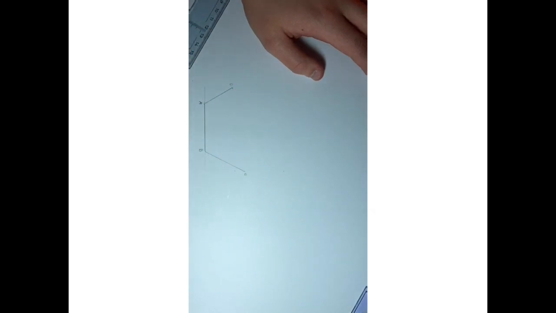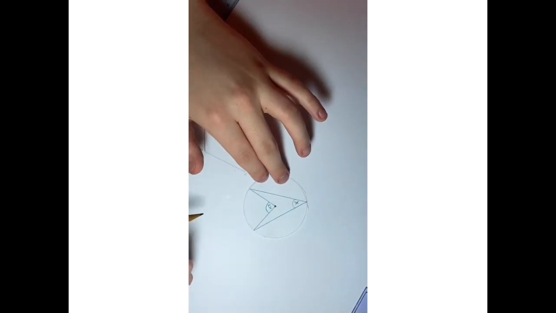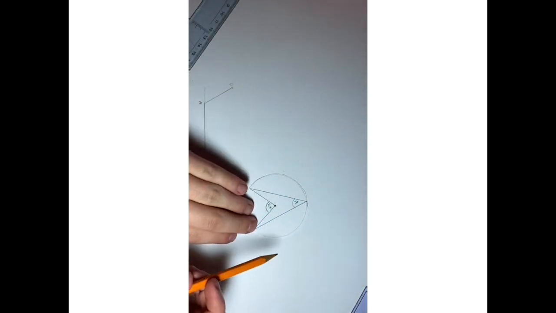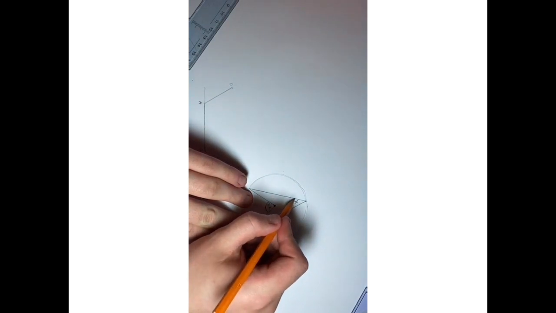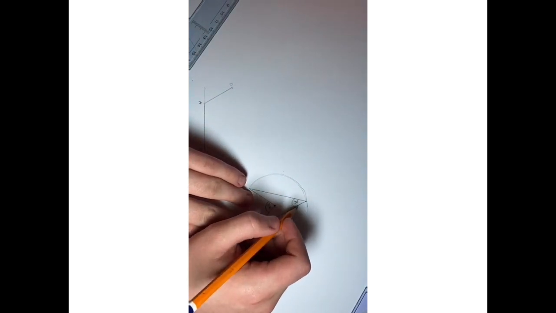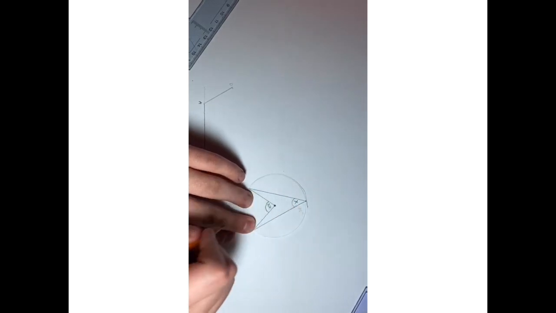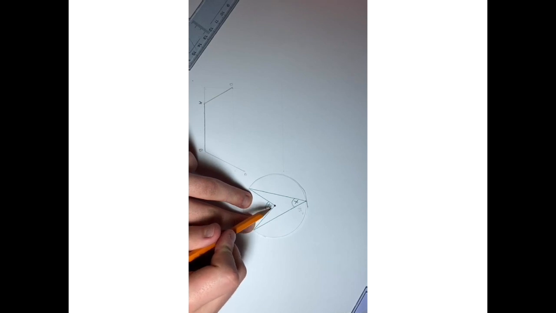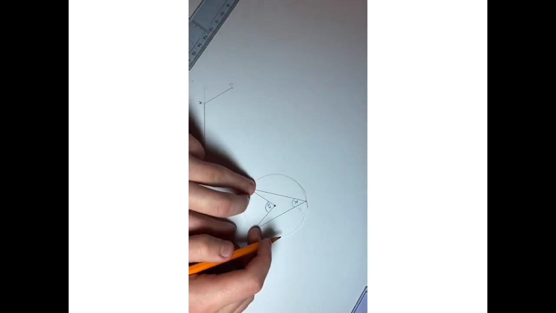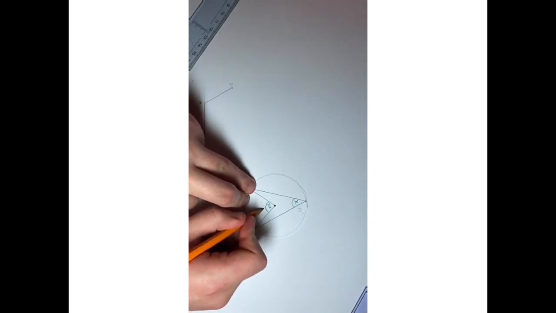We're going to incorporate the theorem that the angle subtended by an arc at the center is twice the angle subtended at the circumference. This little theorem that I have drawn out shows that this arc here is going to be our point E. We label that 75 degrees.